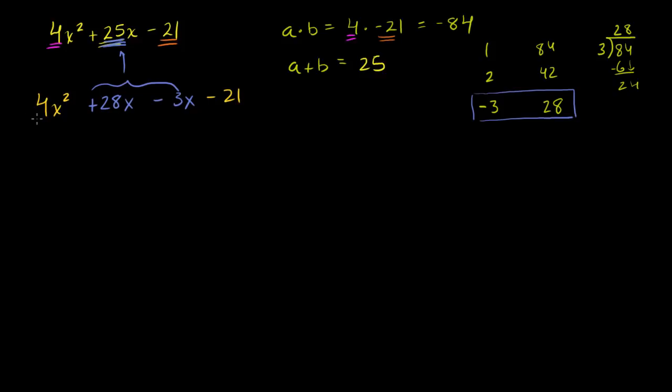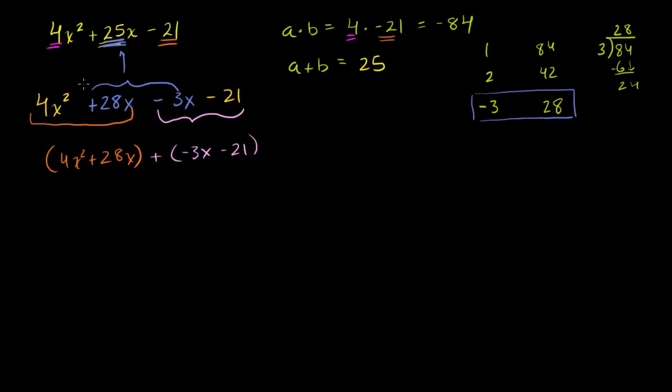If we literally group these, that term becomes 4x squared plus 28x. And then this side over here, let's say it's plus negative 3x minus 21. Once again, I grouped the negative 3 with the negative 21, because they're both divisible by 3.